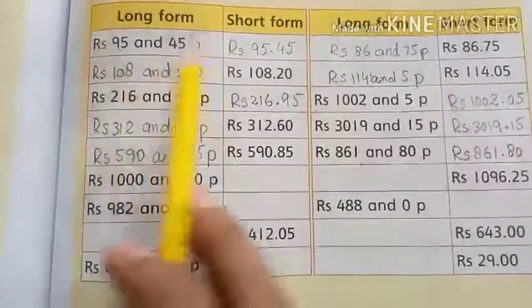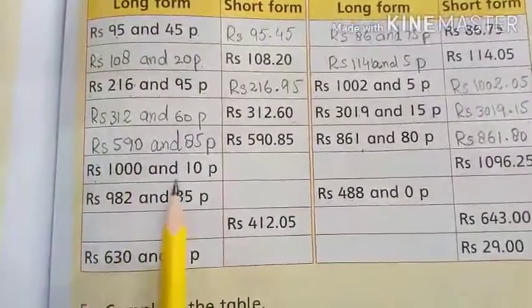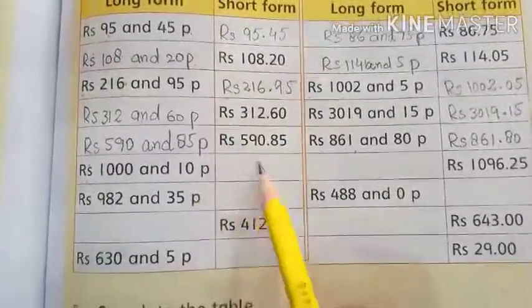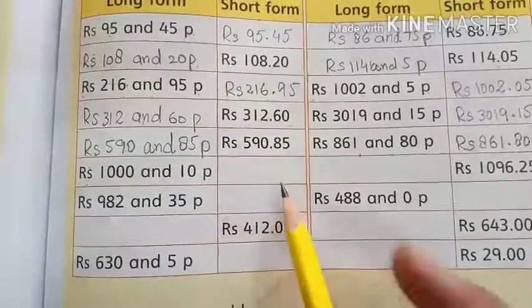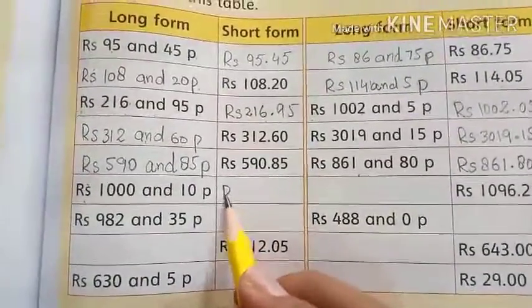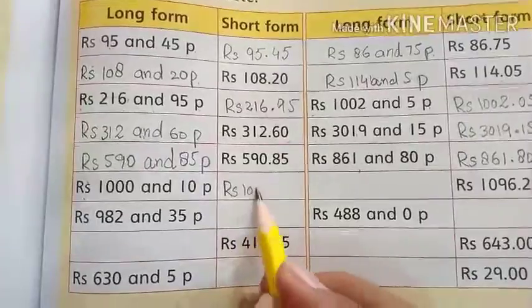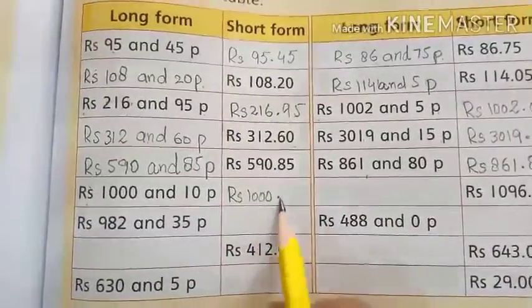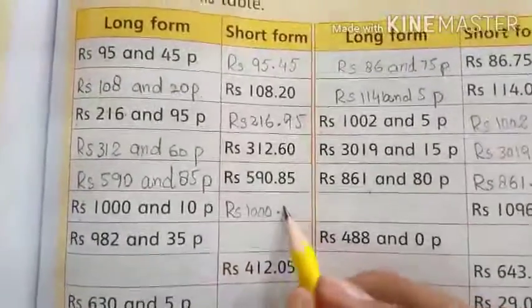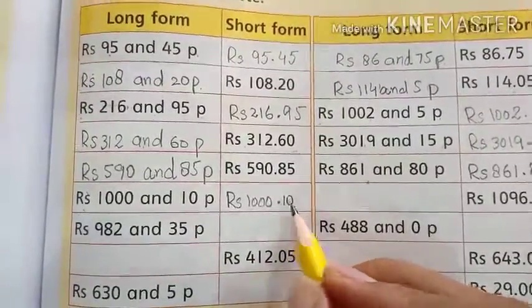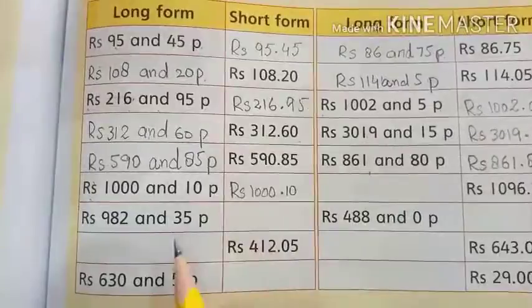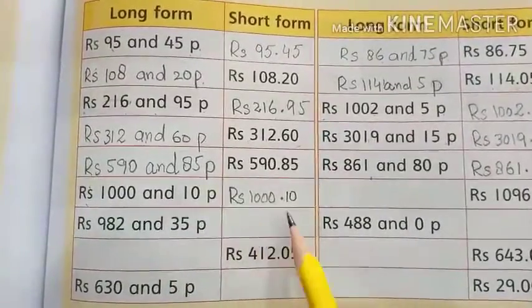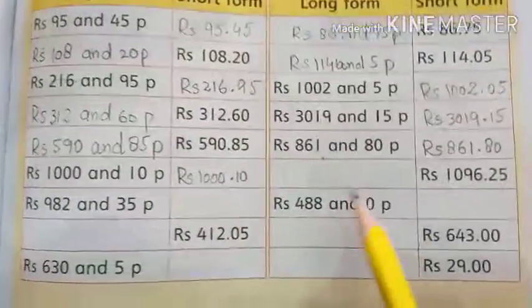The next is in the long form, rupees 1000 and 10 paise. We will write here in short form like this: rupees 1000, we will put the point and 10. The short form is rupees 1000.10.